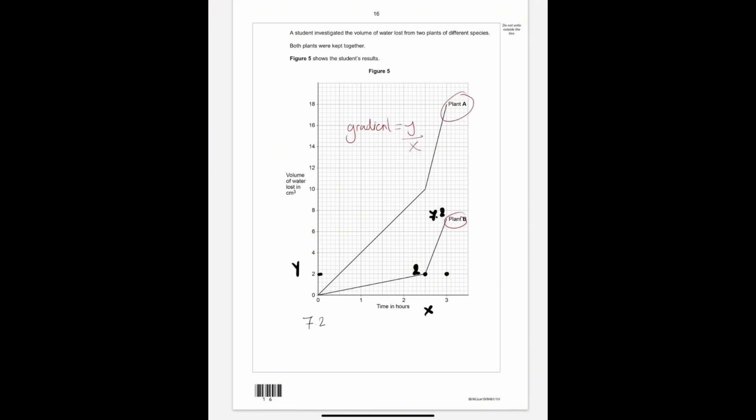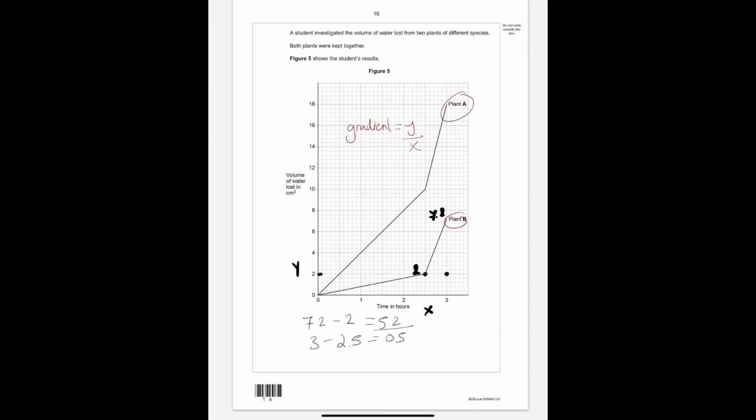Just bear with me, let me work it out. I'm just going to do it on my calculator. 7.2, we're going to take away 2 is going to give us 5.2. And then we do 3 take away 2.5 is going to give us 0.5.